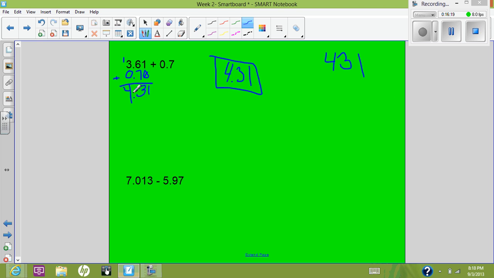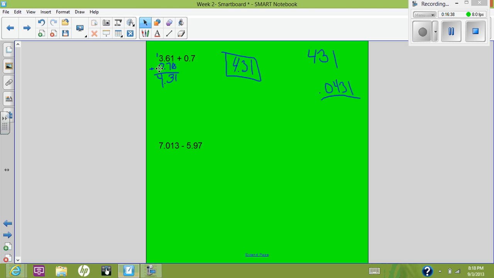If you did, you forgot to bring down your decimal point. Same thing if you end up with 0.0431. There's no way you're going to add these two numbers together and end up with a number that is much less than 1. That just doesn't make sense. So make sure that your answers make sense. Do some estimation to see if they're reasonable.